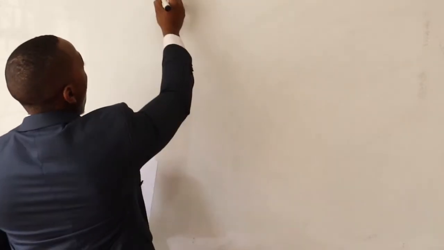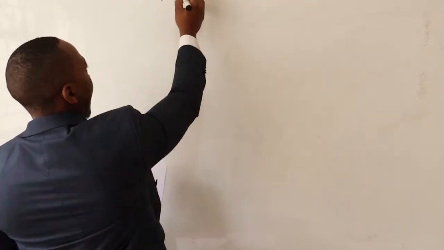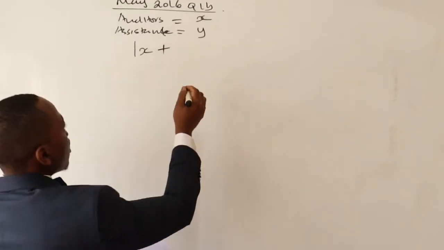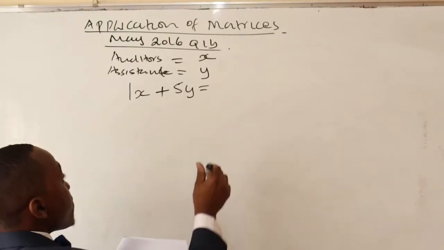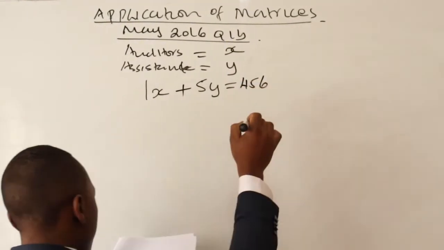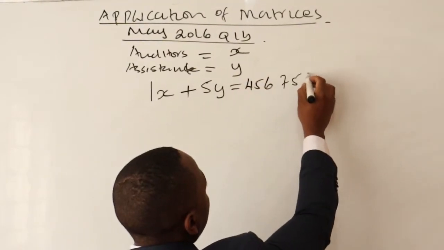Now, how do we formulate that? Just listen to what I'm saying. Let me read again. We are told that a certain audit firm has 2 categories of employees: auditors and assistant auditors. The monthly salary of 1 auditor and 5 assistant auditors amounts to that. One auditor is 1x, and 5 assistant auditors is 5y. The total salary of them is 456,755.